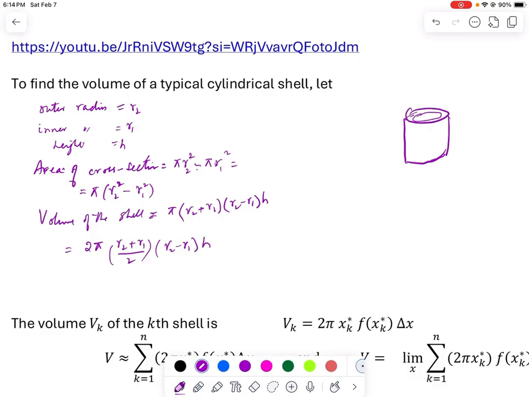So what is this? This is just 2 pi. How will you call this? This is the average radius, so it is kind of a radius.